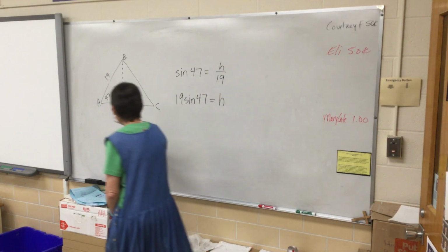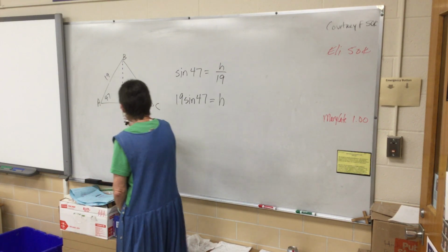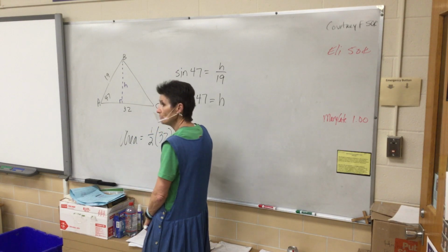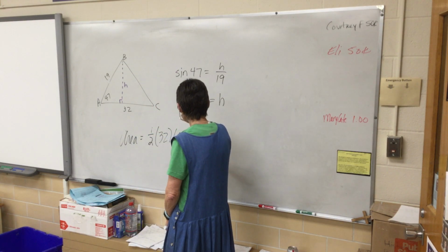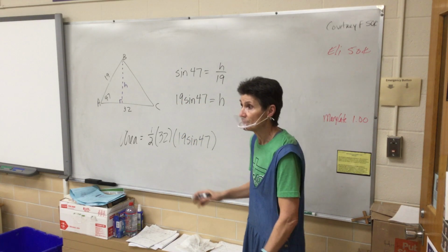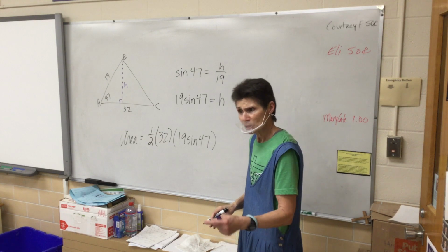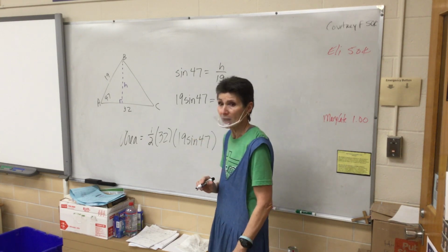So then when you said my area was 1/2 base, which would be 32, times height, which is 19 sine 47, that would be how to find area, right? I want you to look at this for a second, guys, because next time I'm not drawing that purple line.